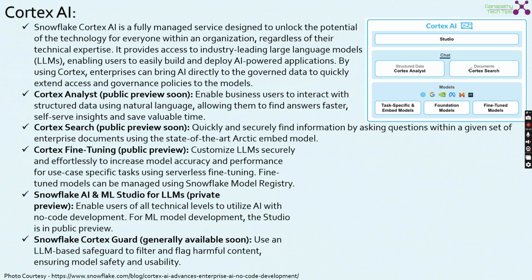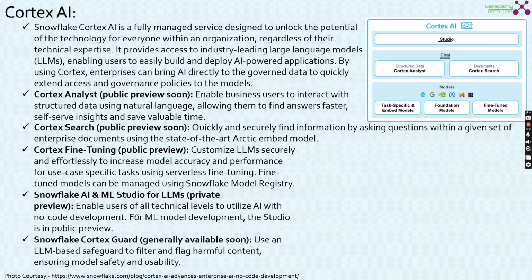Cortex fine tuning, as we already discussed, is very useful to train the foundational models with your own data for use case specific tasks using serverless fine tuning. Fine tuned models can be managed using the Snowflake model registry. Snowflake AI and ML Studio for LLM, which is in private preview, is the studio part at the top of Cortex AI, which enables users of all technical levels to utilize AI with no code development.